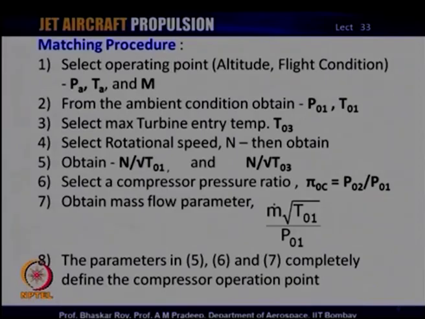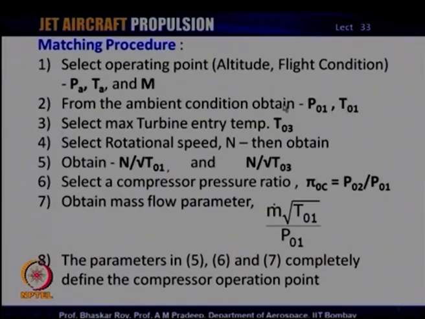So, that needs to be selected first to begin the matching procedure. Now, from the ambient condition, that means the above three figures, pressure, temperature and Mach number, one can get the total pressure at the entry to the compressor, that is P 01, and the total temperature T 01.